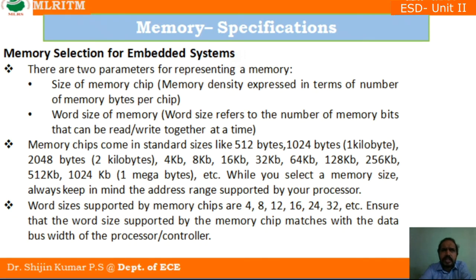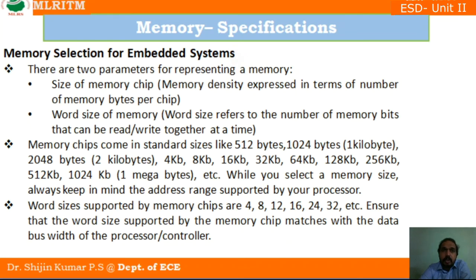So when we are selecting a memory, we have to consider one important thing: how much memory addresses a processor can access. That thing we have to consider. Okay, for example, 8086 processor. So what is the maximum memory it can access? 1 MB only, or 2 raised to 20 addresses only it can access.